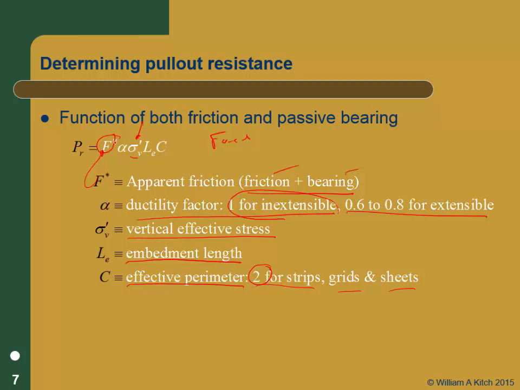It's like an equivalent coefficient of friction times the vertical stress. Alpha accounts for whether we have inextensible or extensible reinforcement, and then LE times C is just our area.